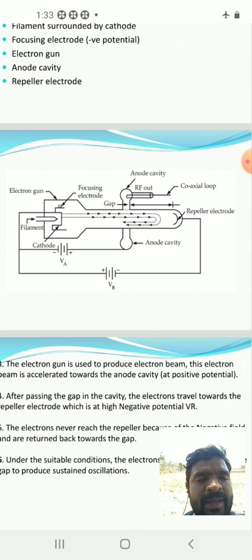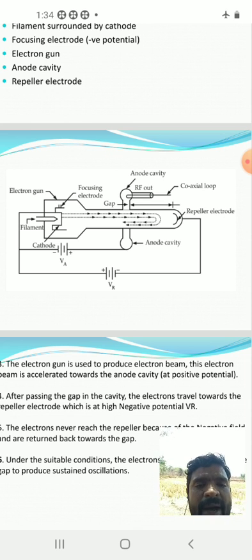The high velocity, high gain electrons are transmitted by the anode cavity towards the RF output through the coaxial loop. In this way, the signals are amplified by the electrons of reflexion.